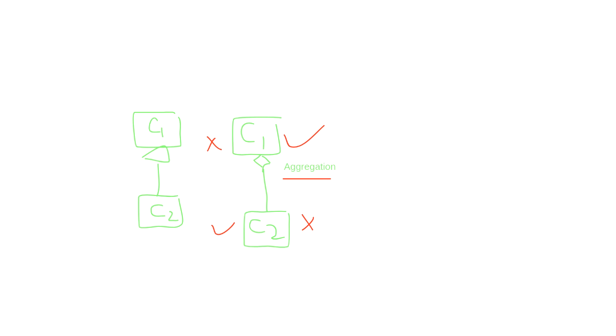Now let us understand what you mean by composition. In composition also, you have one class C1, and you have another class C2. And this I have to draw very narrowly, and I have to fill this.